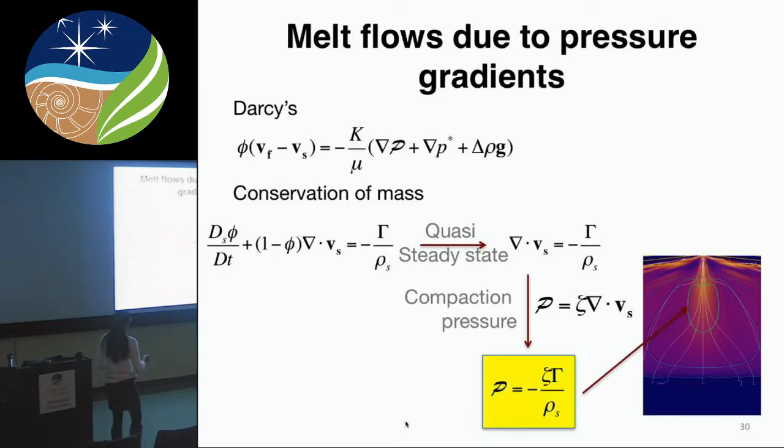And so when you substitute in the compaction pressure definition, you really see that the compaction pressure is really due to the melting rates and the bulk viscosity. So that is really what's determining this focusing mechanism.